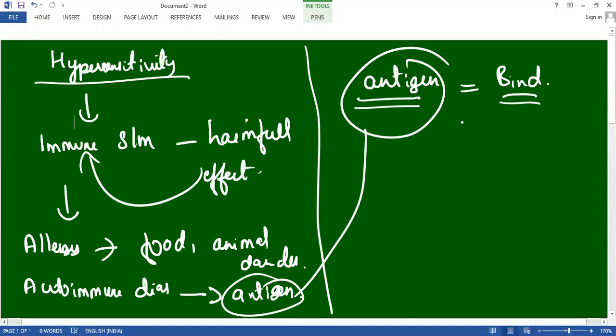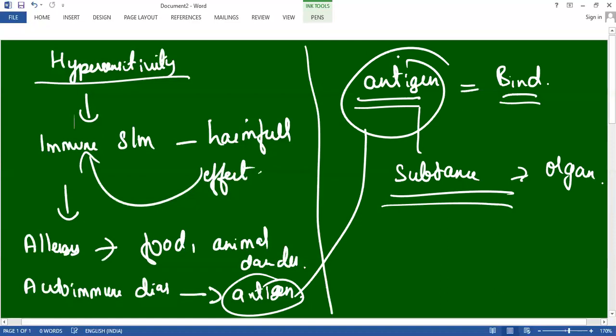So whatever the drug, whatever the substance, it makes the substance reach the particular organ level.